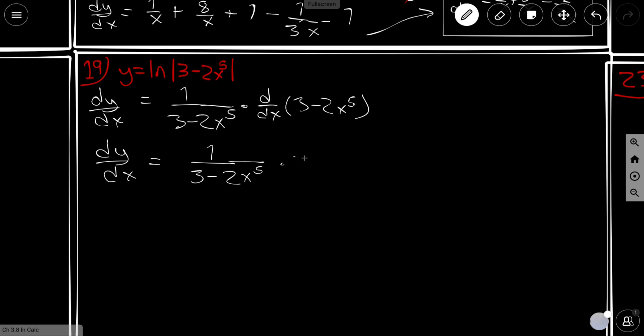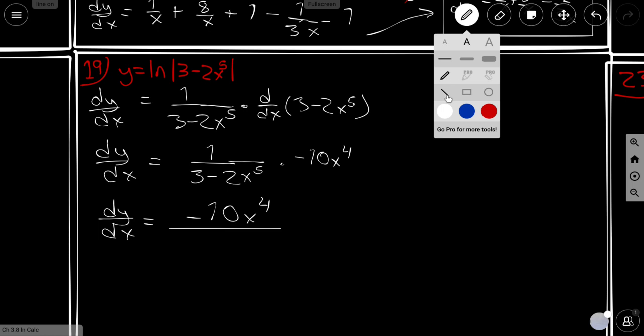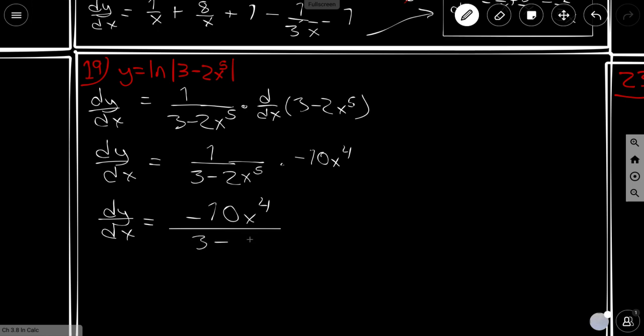So that will give us negative 10x to the fourth. That right there is our answer.